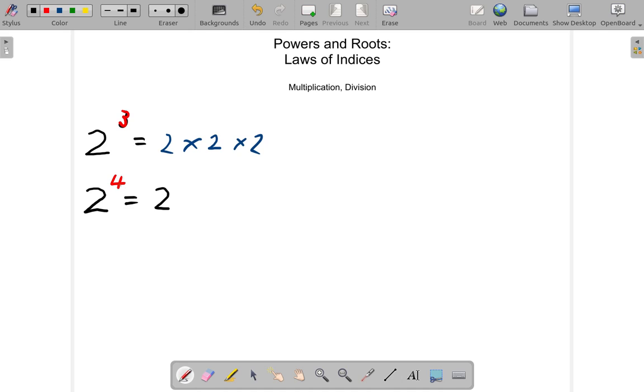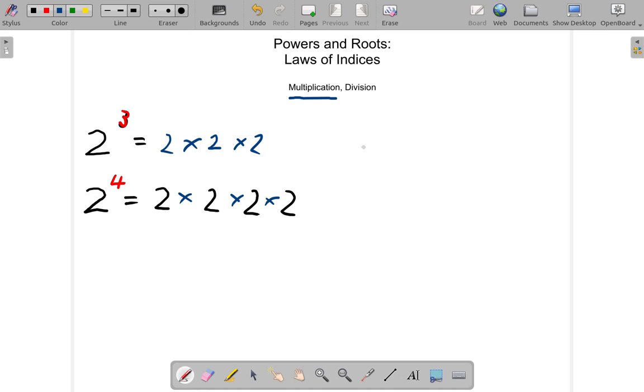How many 2's do you have multiplying? 4 of them. You have 2, 2, 2, 2. Let me put in the multiplication sign. Multiply, multiply, multiply. Alright, good. So we're dealing with multiplication right now. The rules or the laws of indices relating to multiplication.